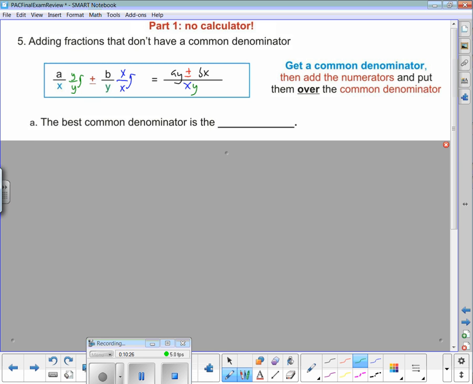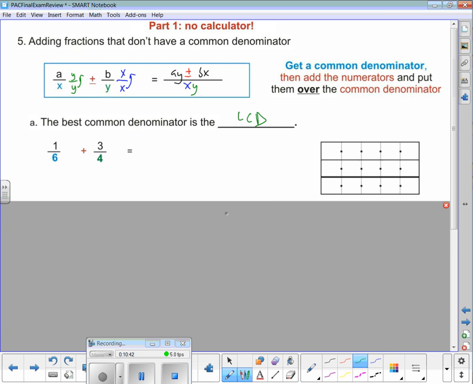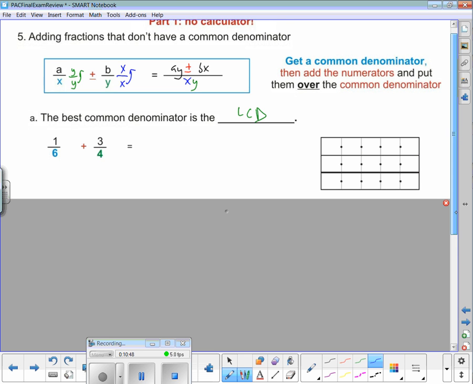That's with letters. But really, we're going to deal with numbers, and we can do all that with numbers. So remember, the best common denominator is the LCD, which is the LCM of the denominators. We know how to do this. So, a refresher with easy numbers.